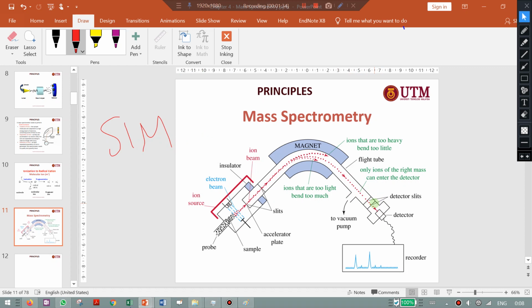During the analysis using mass spectrometry, we can set the mass range we want to accept, for example 200 to 800. But if you want to select the whole thing, then it will take everything and set the detector.